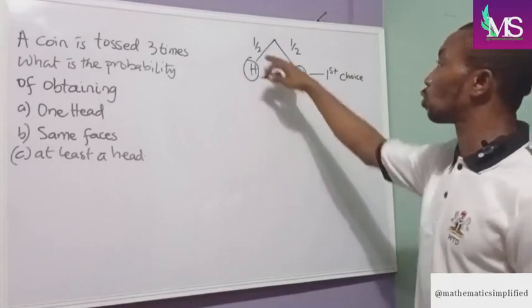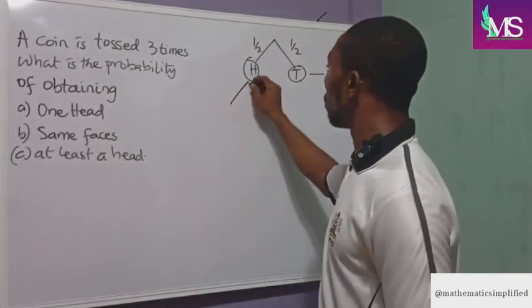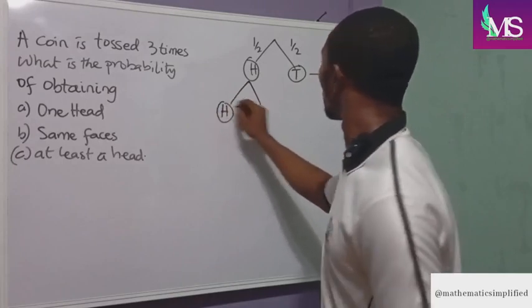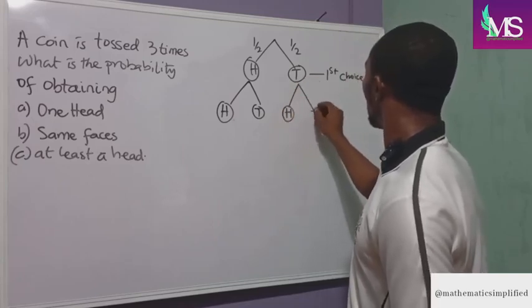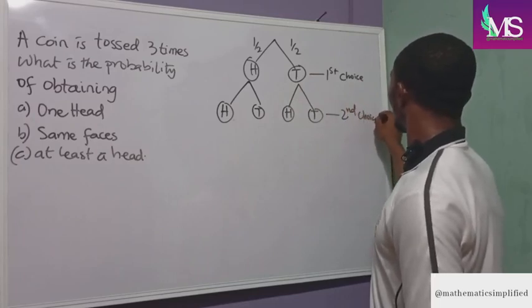So that's what I mean by we should always ensure that our outcomes give us 1 at the end of the day. Now for the second choice, we are having a head and a tail. For here, a head and a tail. This is our second choice.